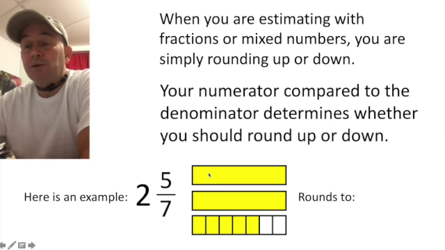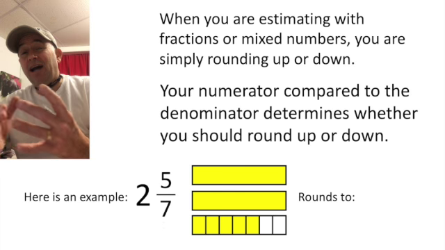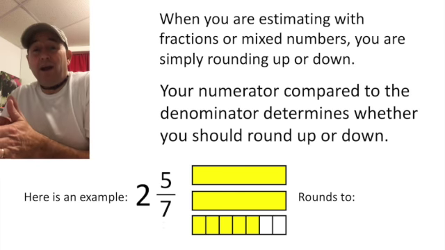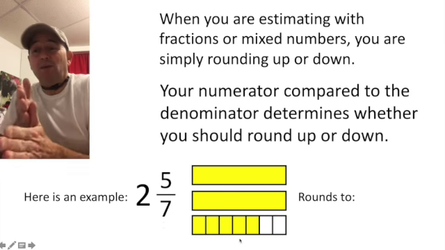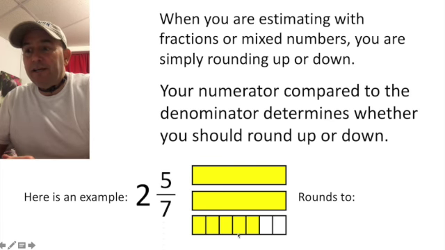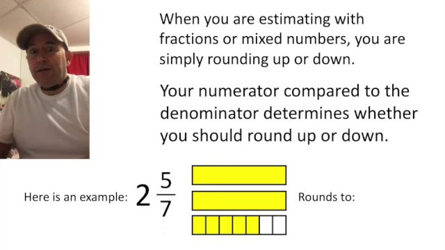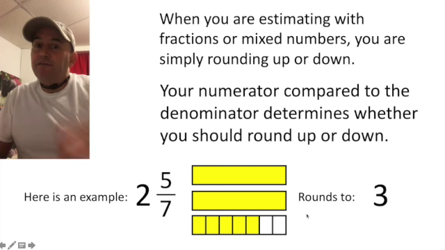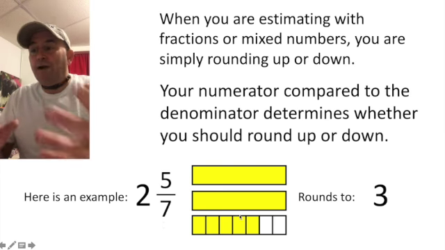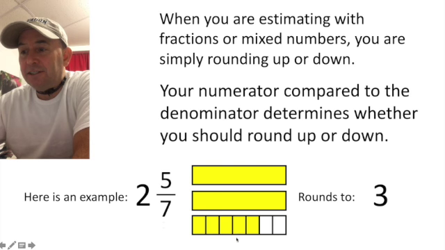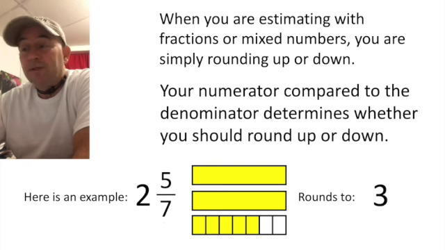And so if we were to round this, we would look at the 5 pieces out of the 7 and say, well, 5 is past the halfway point in this bar. 3.5 would be half of 7. 5 is more than 3.5. So we're going to round that number up to 3. So you can see that the halfway point would be somewhere right about in there, and we're clearly beyond it, right?